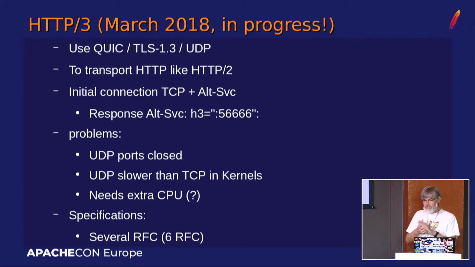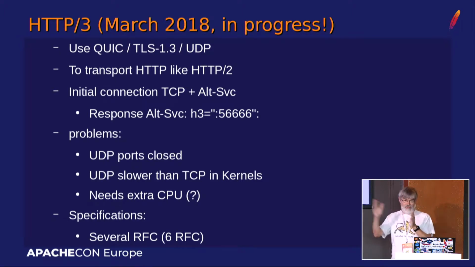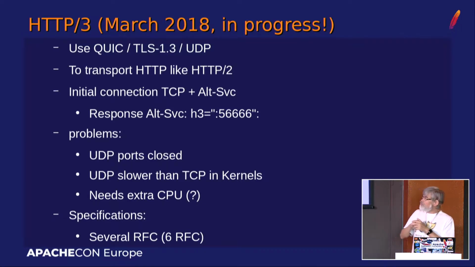To do the initial connection, in some cases you don't know that your server is going to be able to do H3. So basically, you can send a normal HTTP 1.1 request, and you may get to your page and get in the response a special header, which is an alternate service response.